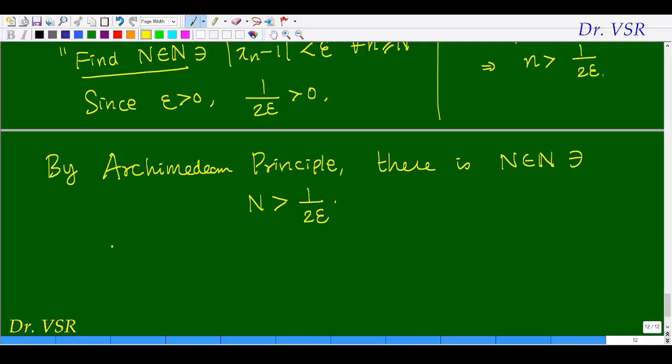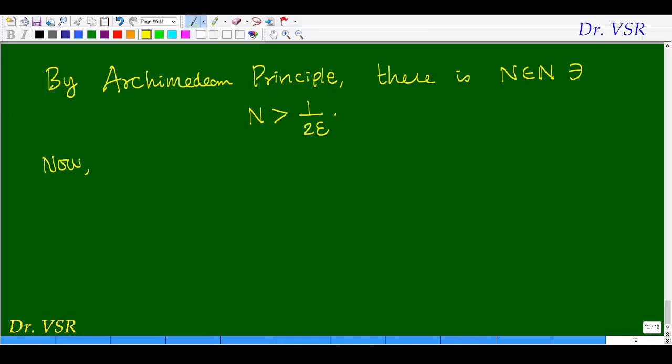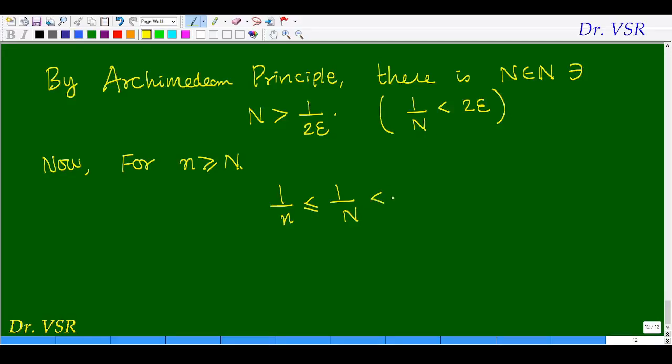Now for n greater than or equal to N, this implies that 1 by small n is less than or equal to 1 by capital N. And 1 by capital N is less than 2 epsilon. Let us see what comes here.